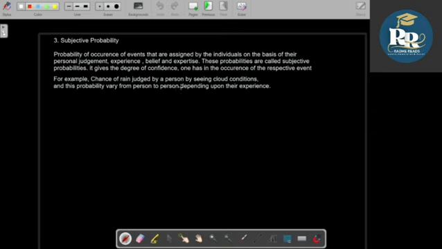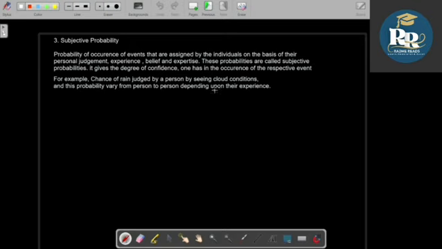For example, if a person sees the cloud conditions, then he says rain may occur, or there is a 50% chance that rain will occur, or a 70% chance that rain will occur.